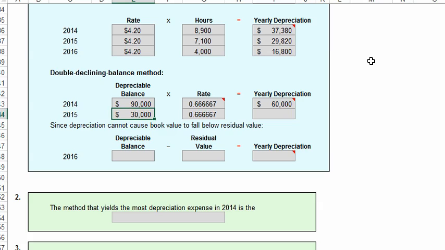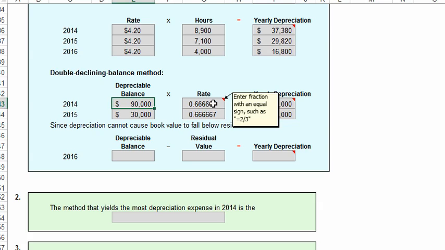That leaves us $30,000 here. What's left to be depreciated? So our yearly depreciation expense would be equal to our $30,000 times our rate, $20,000.